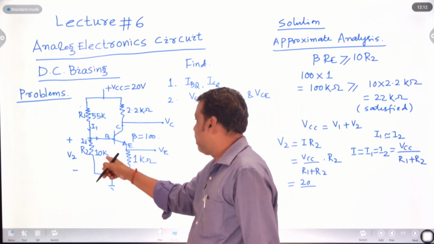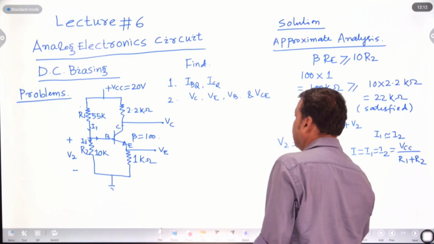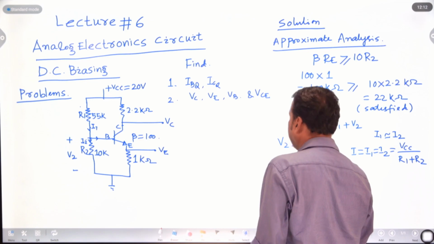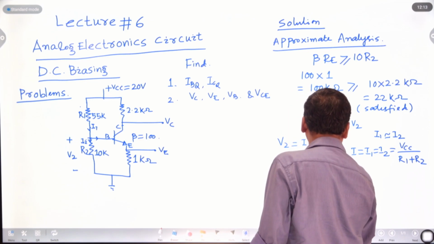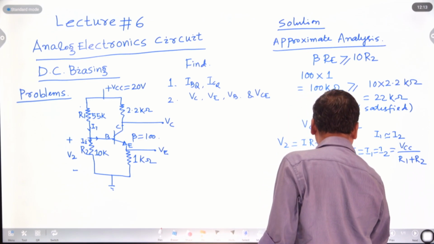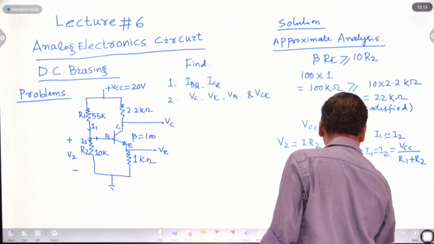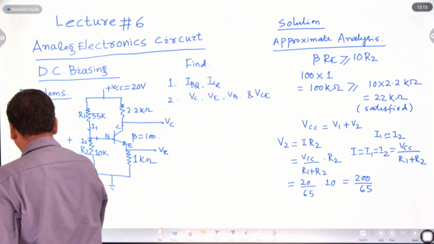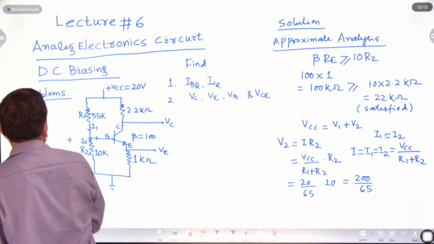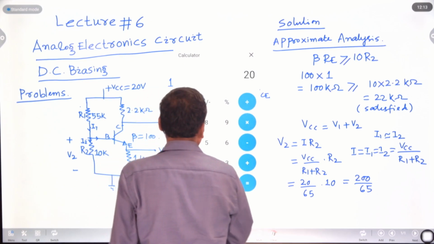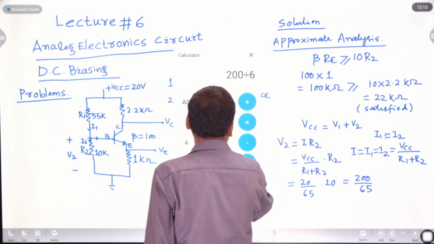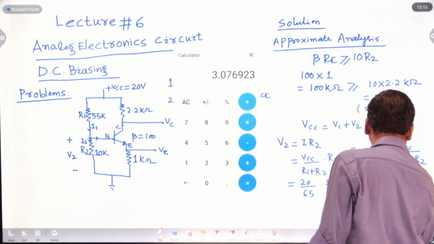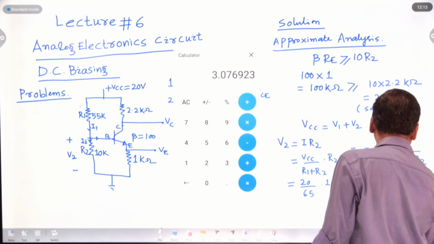R1 is 55, R2 is 10. 55 plus 10 is 65, into R2, R2 is 10. The value will be 200 divided by 65, which is 3.076 volt.